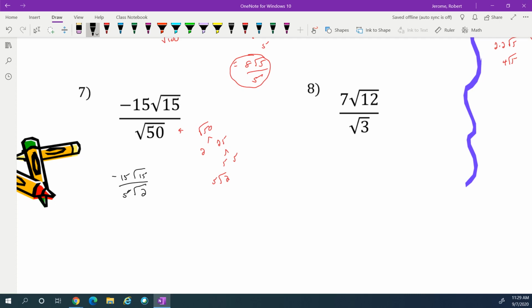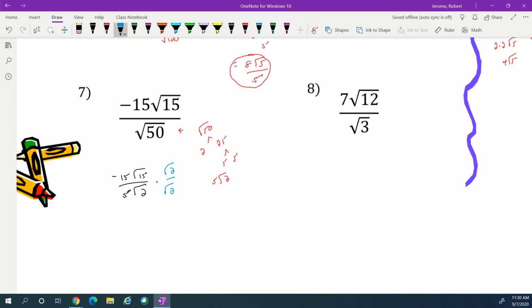Just rewriting it. I changed the way the square root 50 looks. And now, just look for a rule that's broken and fix it. So the first thing I did was I made the numbers a little smaller. Hey, we're not allowed to have radicals in the denominator. So let's fix that. I'll rationalize.